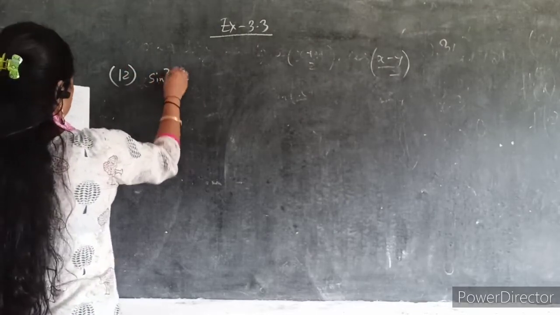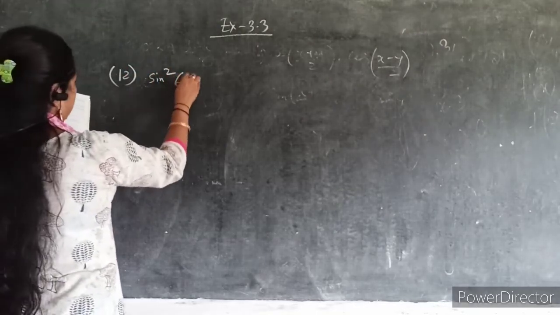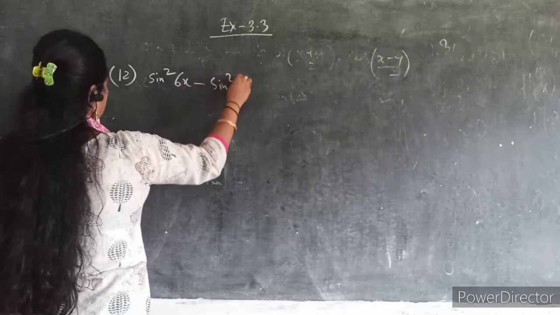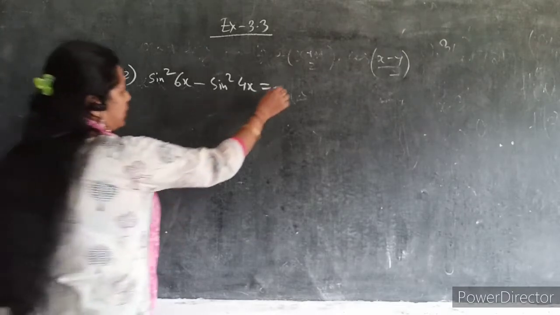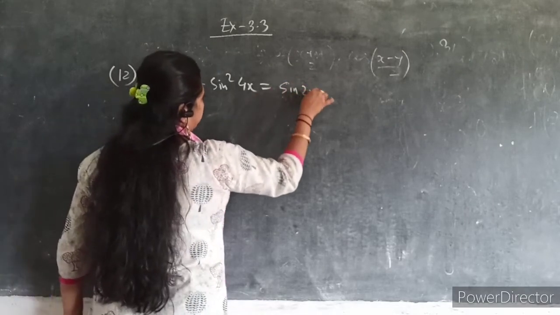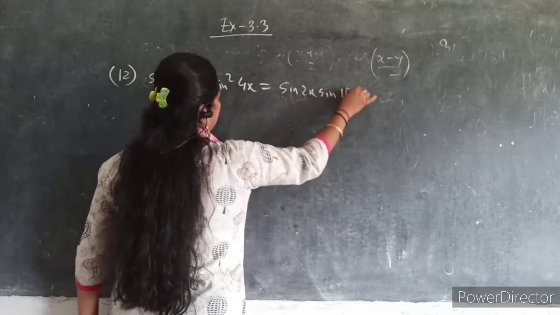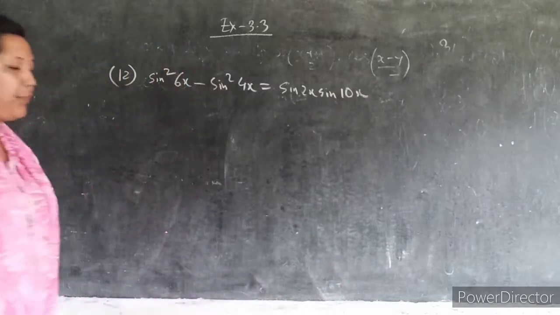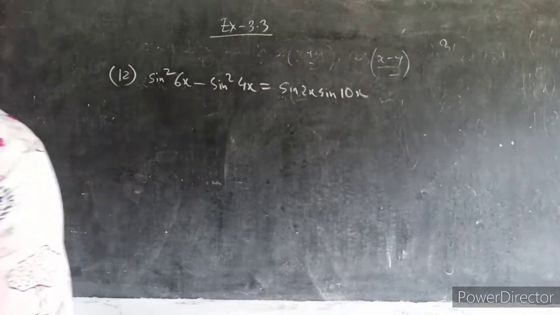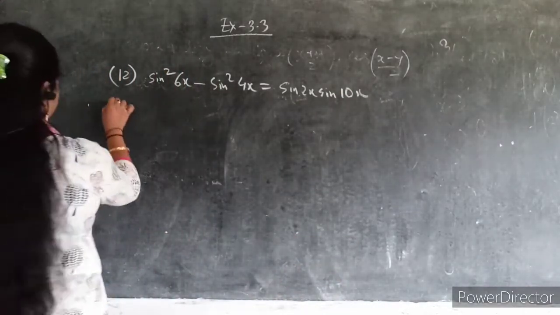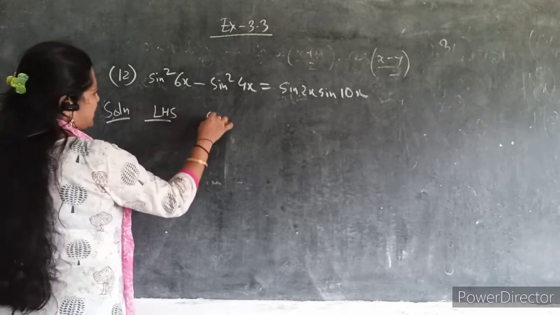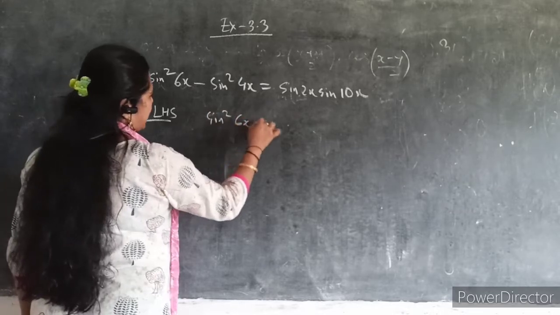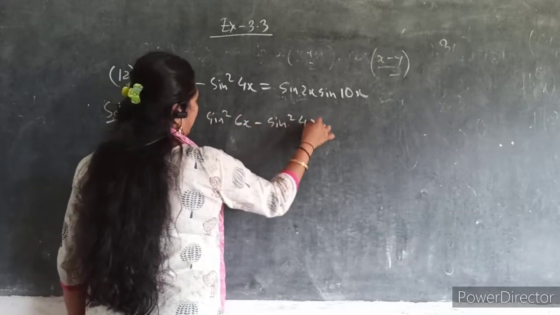So sin square 6x minus sin square 4x should be equal to sin 2x into sin 10x. Okay, so here let us take the left hand side. Left hand side is sin square 6x minus sin square 4x.